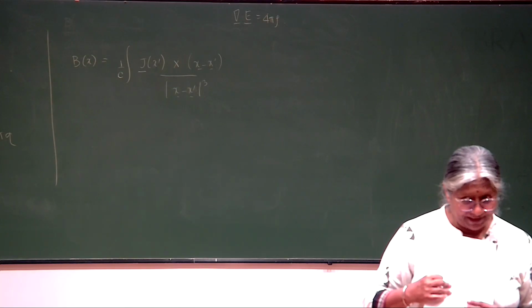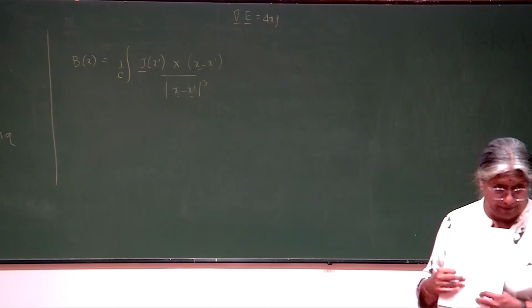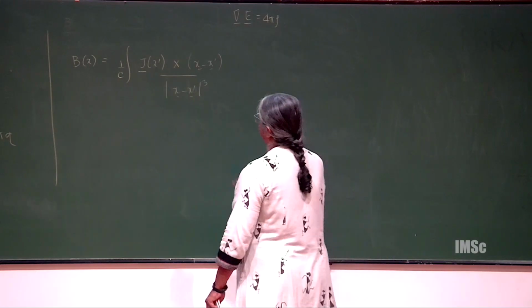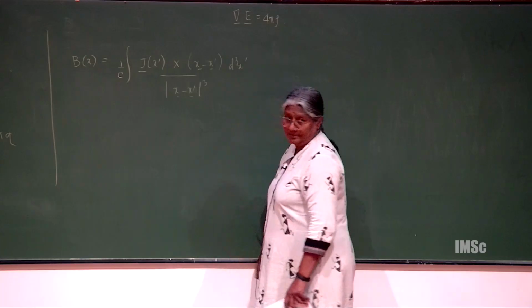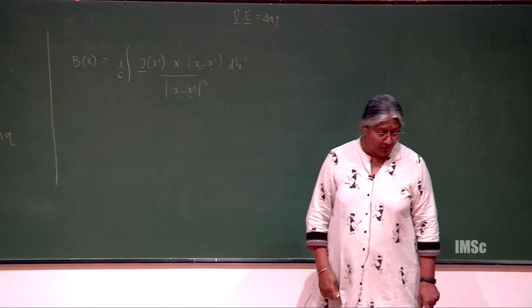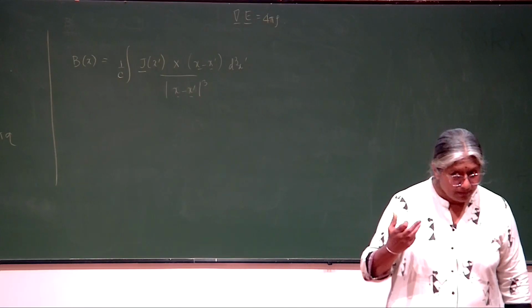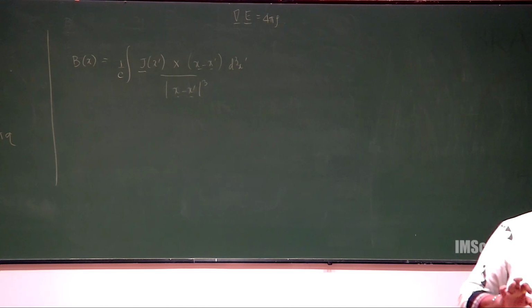So how do I get the second Maxwell equation from this? Can anyone see? I have an A cross B, and do you know the property of, what is the right hand side a function of? X, right? Everyone, x prime is a dummy integration variable, right?